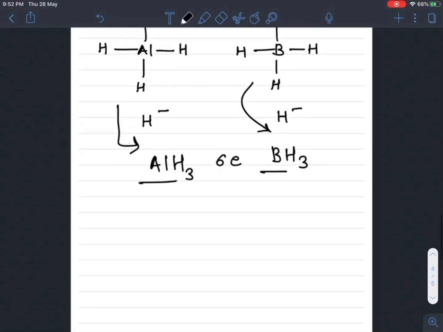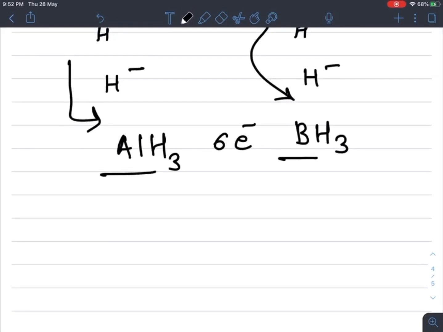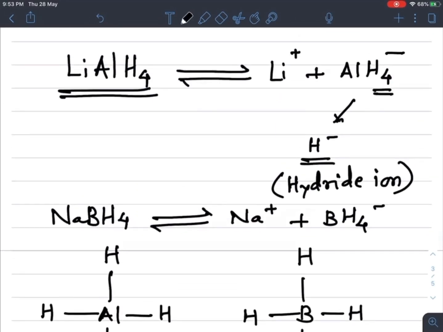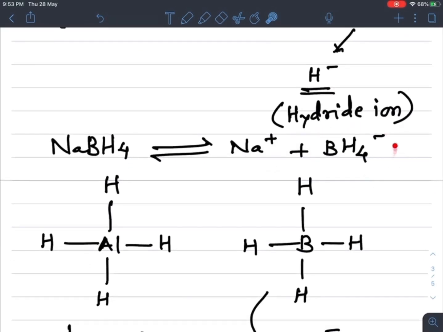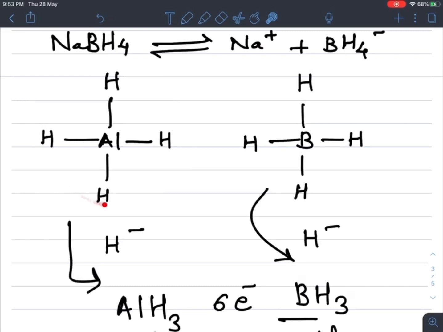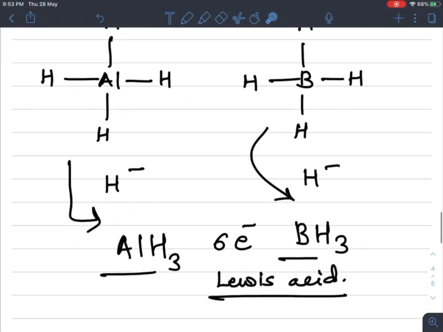So these are 2 electron deficient species, and they are used as Lewis acids. And in this way, when LiAlH4 and NaBH4 are used, they form AlH4 minus and BH4 minus, which supply H minus ion.